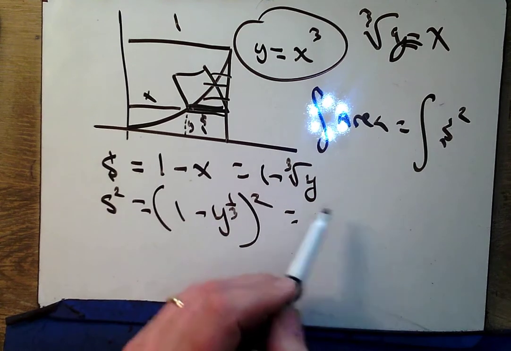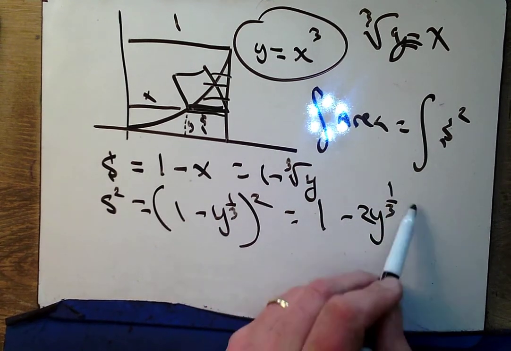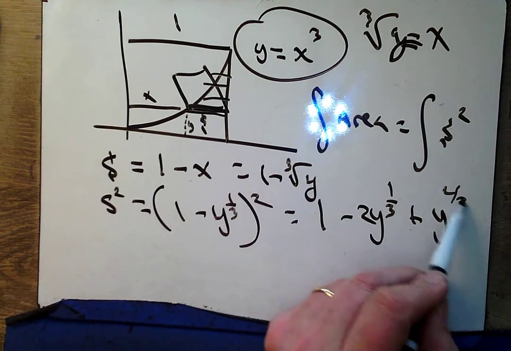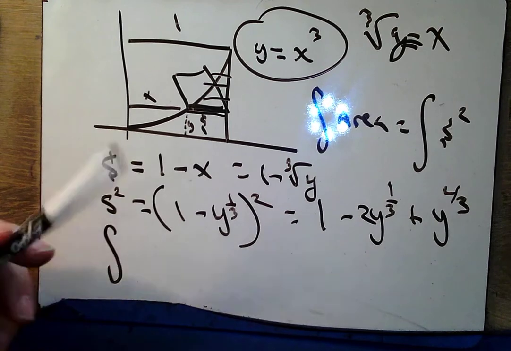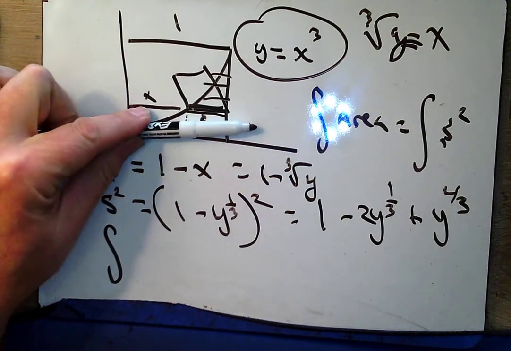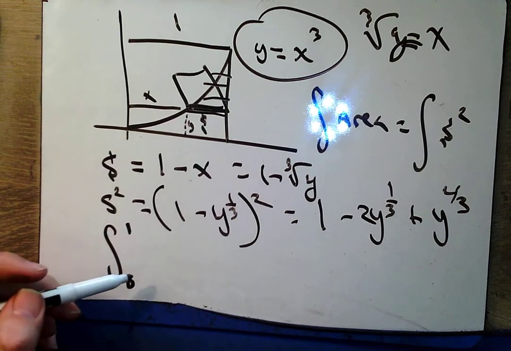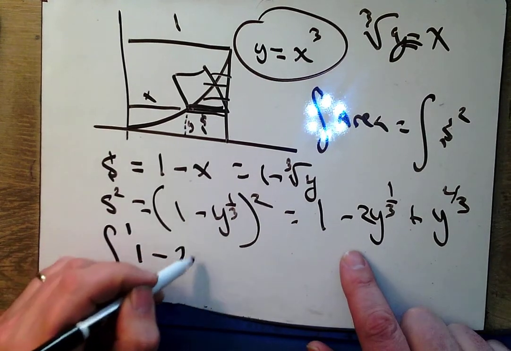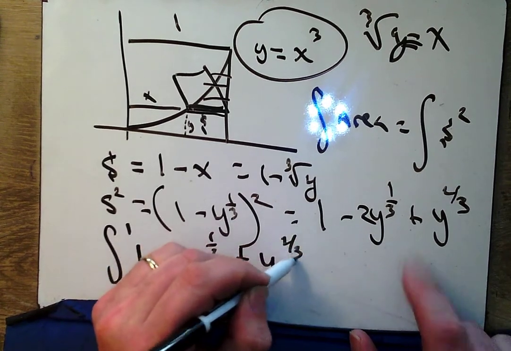Which I have to FOIL. 1 minus 2 y to the 1/3 plus y to the 2/3. Yowly! So we're integrating from 0 to 1. Okay, and 1 minus 2 y to the 1/3 plus y to the 2/3 dy.